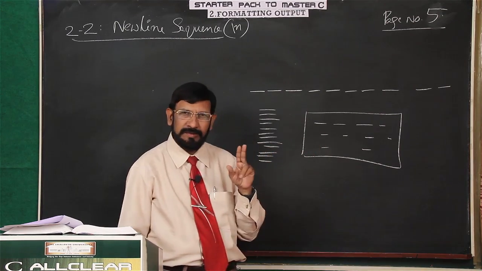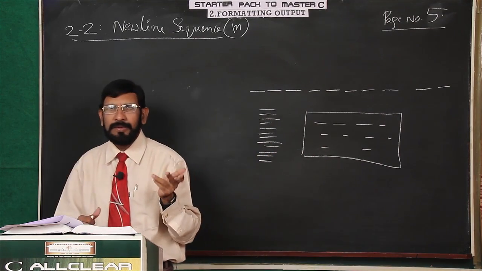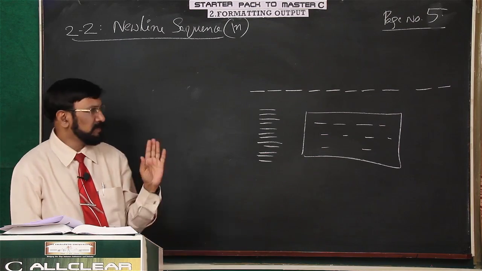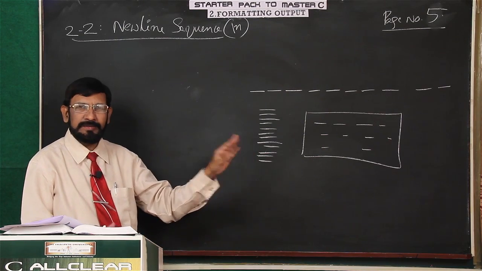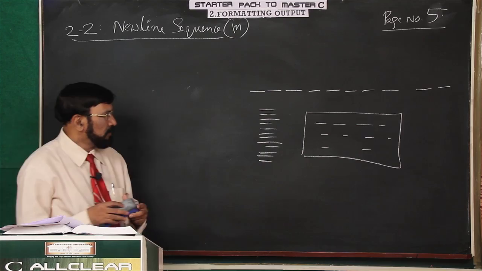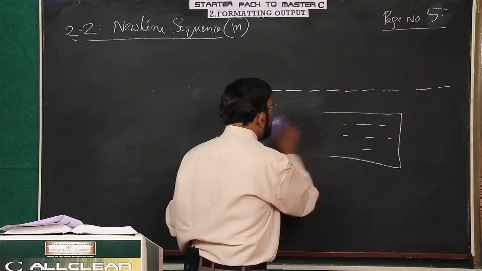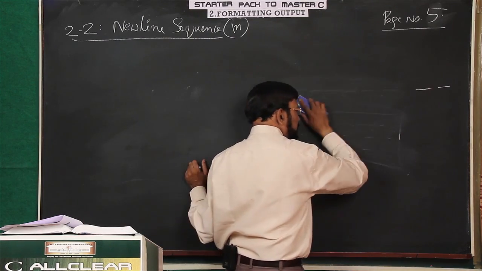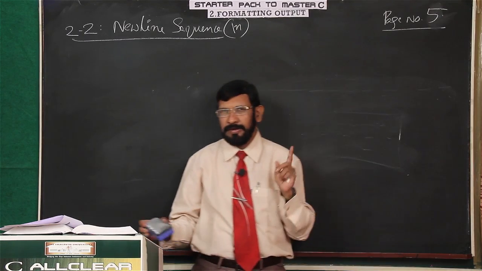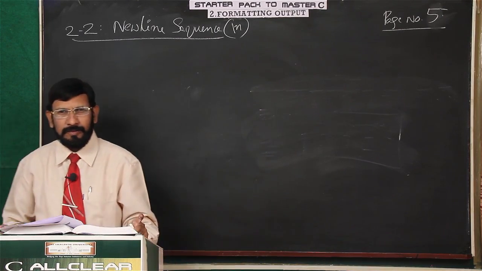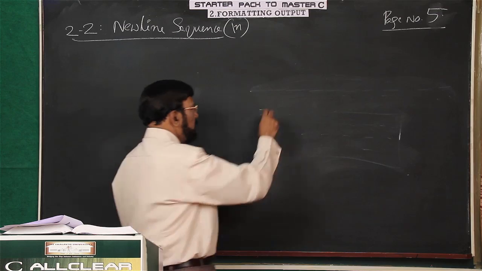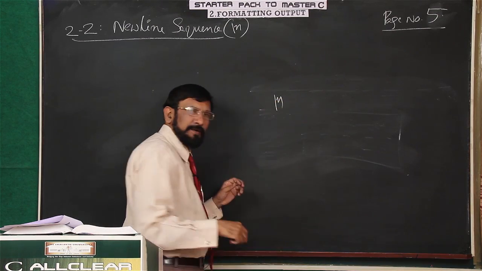So in this chapter, we are mainly learning two operations: breaking data and placing data. For breaking data, I now introduce the newline, because all elements are printed by printf only. We have to provide a newline to the printf.